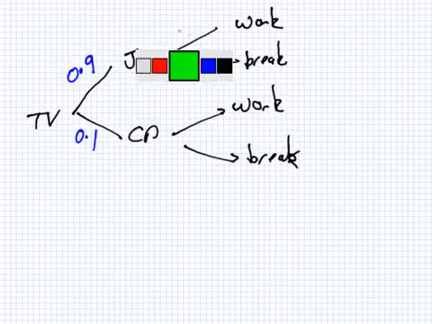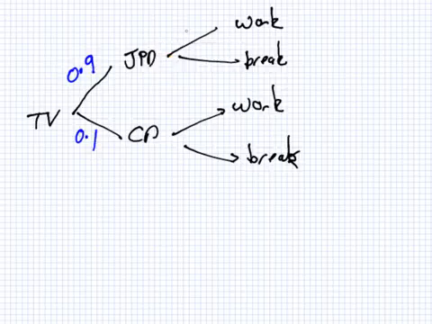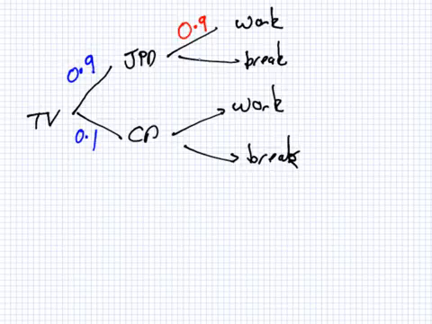You know that 90% will continue to work because I said 10% of them will break. And here I said 90% of them break, so therefore 10% will continue to work. These don't have to be the same numbers. It could have been 0.8 and 0.2. I just made it the same in my example.